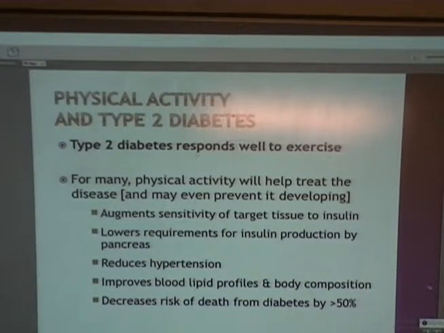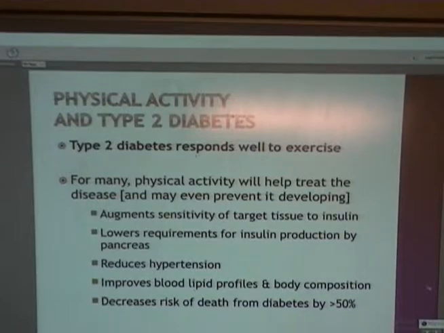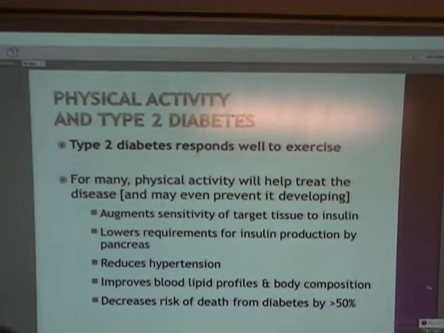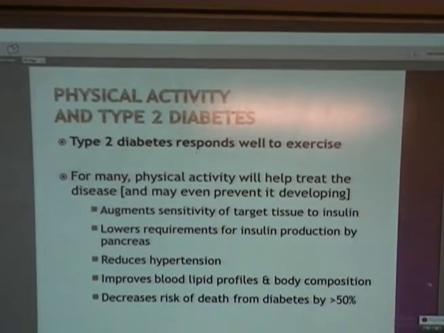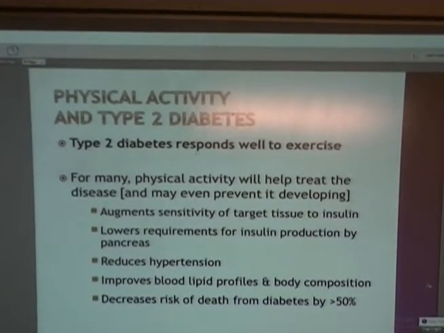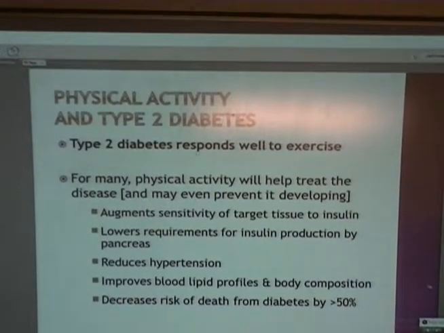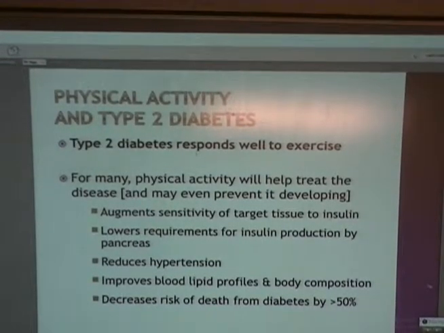They've developed a pre-diabetic category to pinpoint the people who are at risk before it gets too far. Unlike type 1, which is unlikely to change with exercise, type 2 diabetes responds really well.